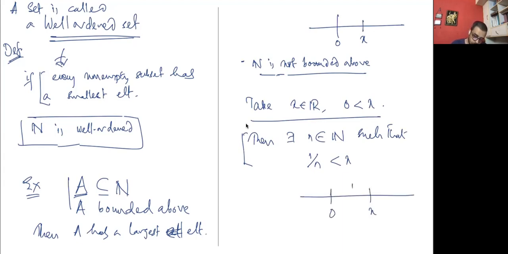So 0 less than 1 over n less than x. So this is the statement that there would exist an n such that 1 over n sits between these two.